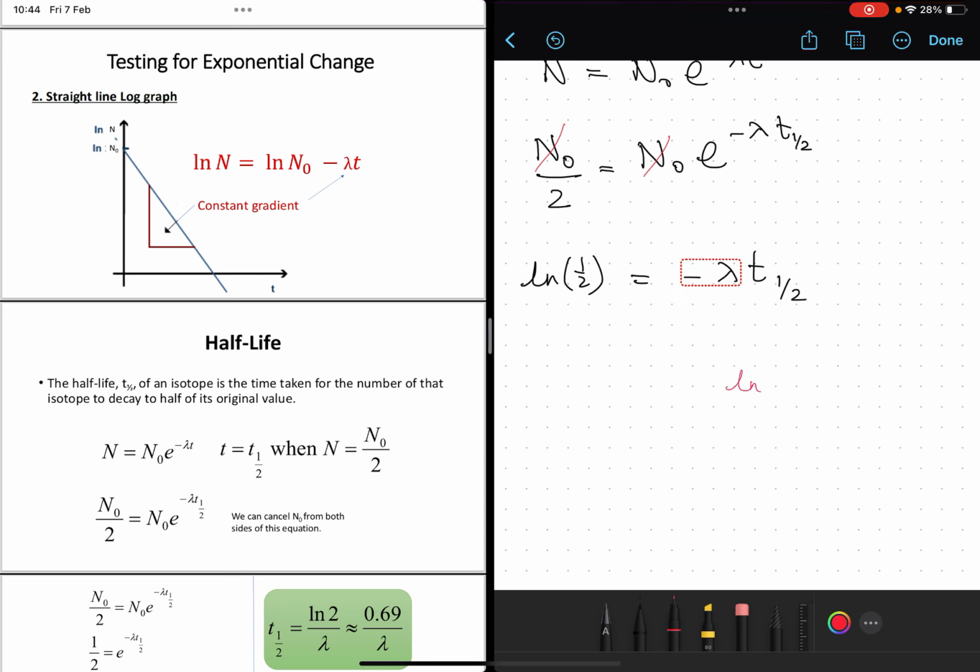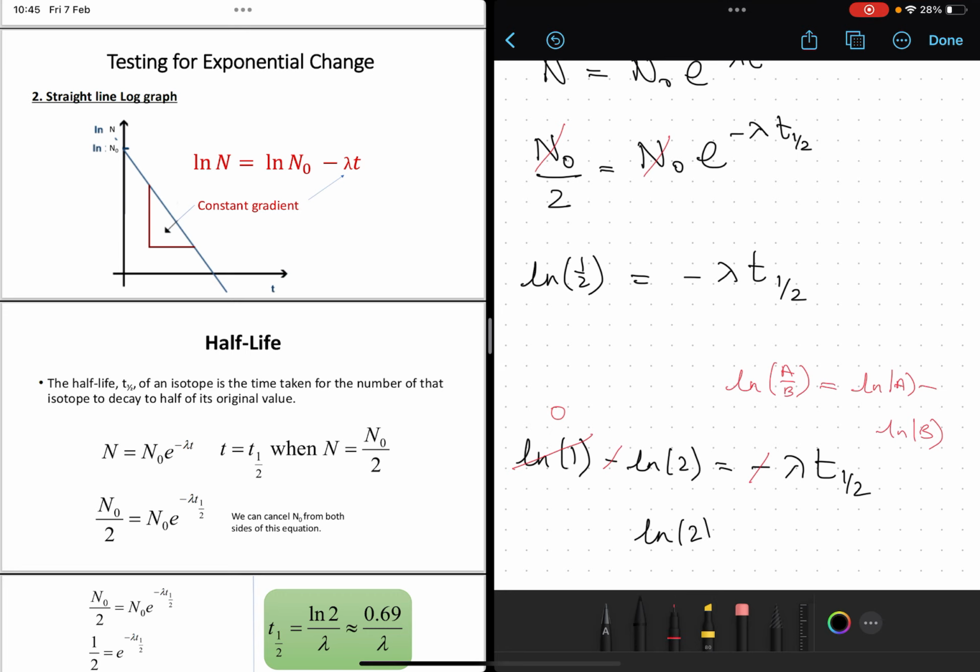Log of a half is a bit like the log of a divided by b, isn't it? Okay, so we've got the log of a minus the log of b is the relationship there. So we've got the log of 1 minus the log of 2 equals lambda t half. Put this into your calculator. The log of 1 is 0. We've then got a minus sign there, which can cancel with that minus sign there.